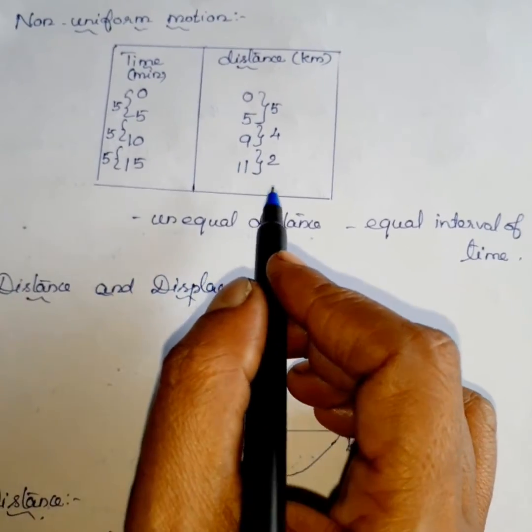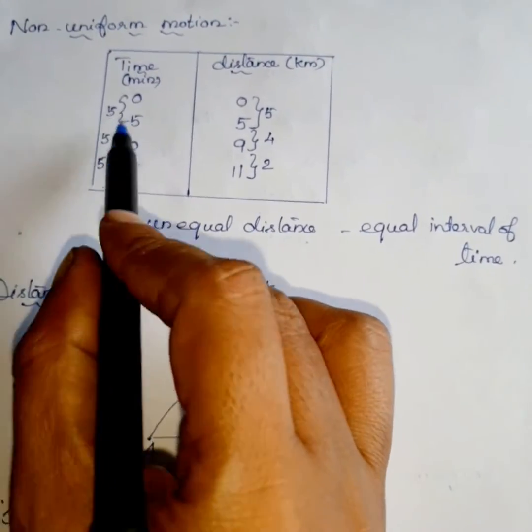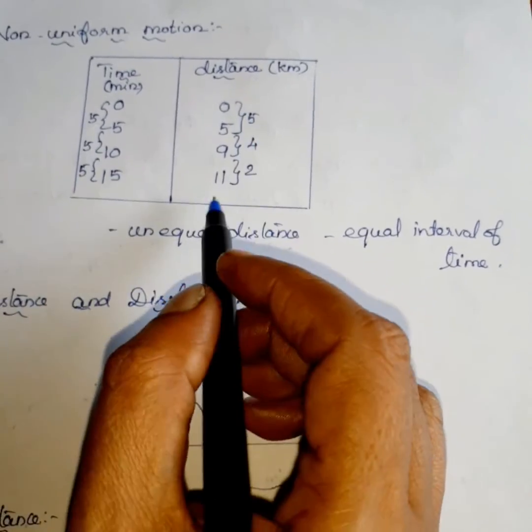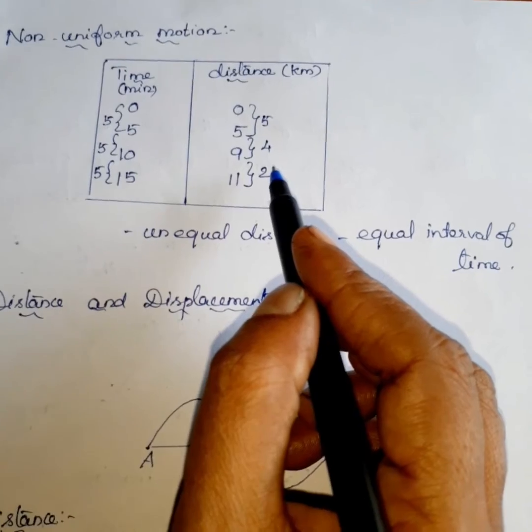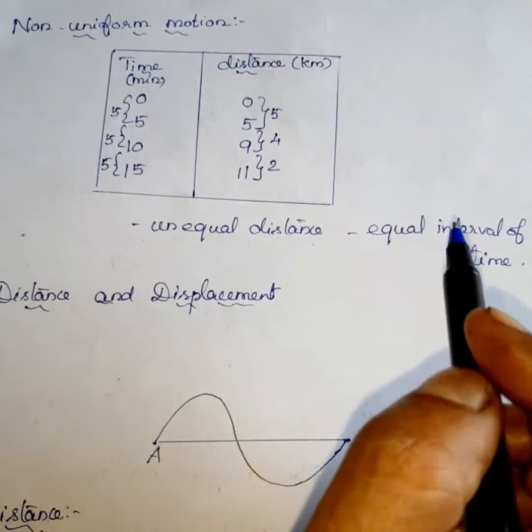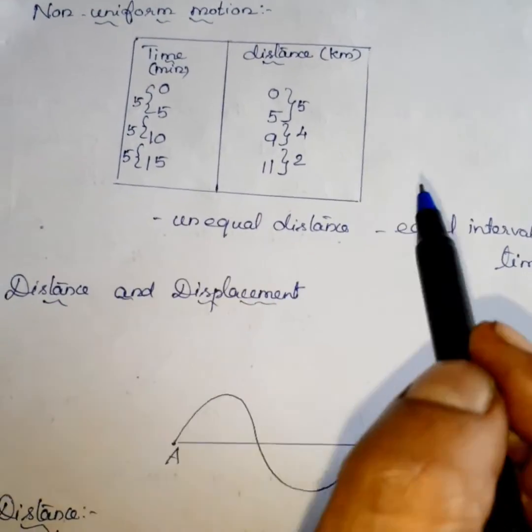The bus covers unequal distances, so the motion of the bus is not uniform.